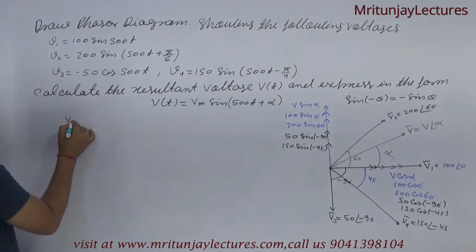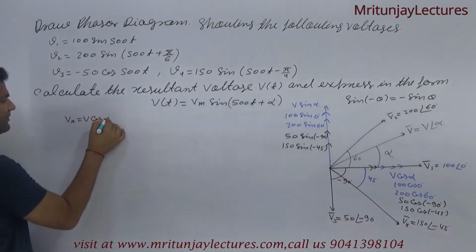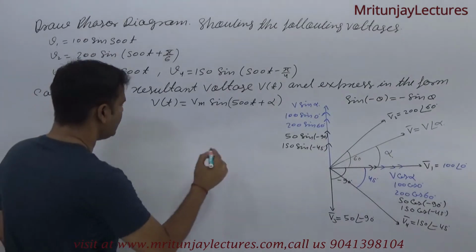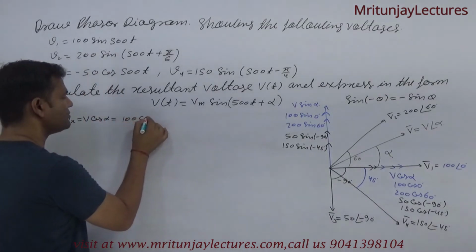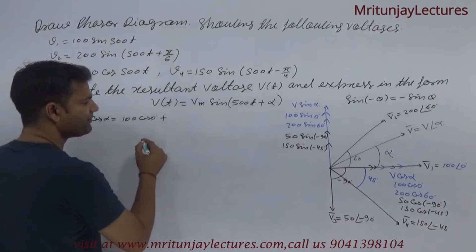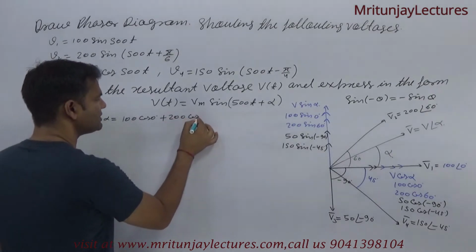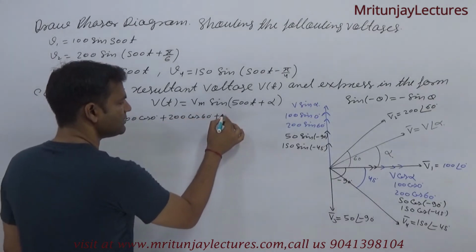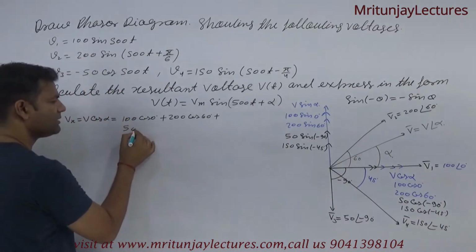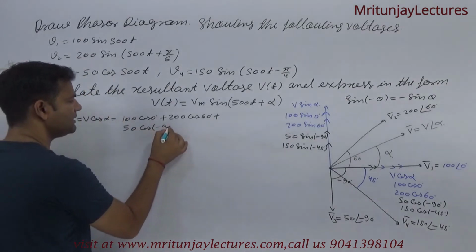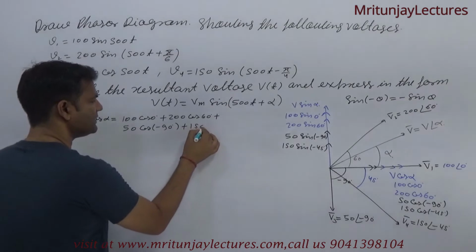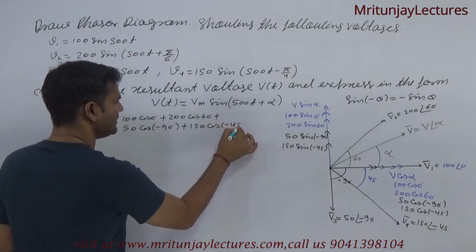So Vx, this is equal to V cos alpha, is written as 100 cos 0 plus 200 cos 60 plus 50 cos minus 90 degree and 150 cos minus 45 degree.